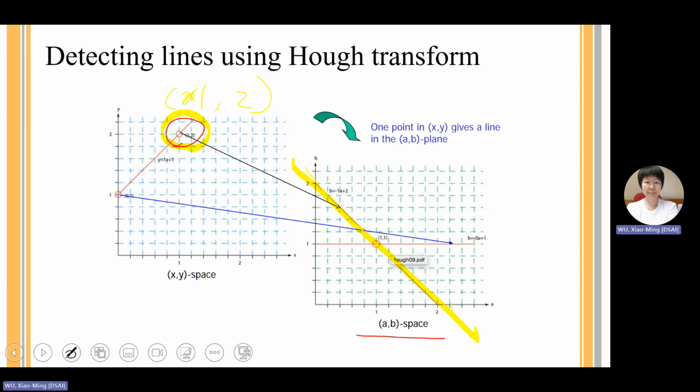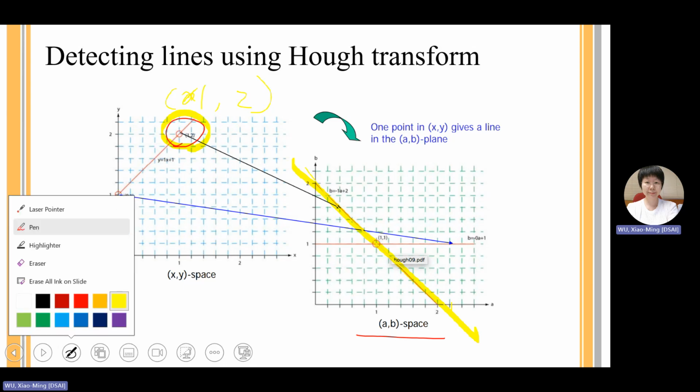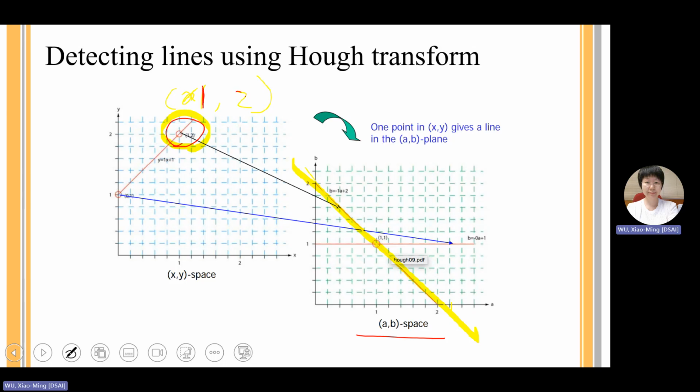So this point corresponds to a line in the AB space, where the slope is 1 and the intercept is 2. So a point gives a line in the AB space.